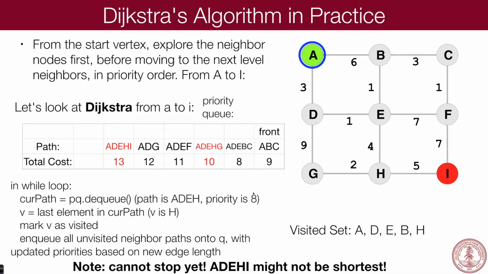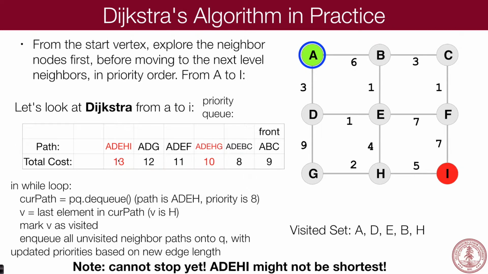Now, interestingly, ADEH does get to I next, but it may not be the minimum path yet. So we can't just say, let's stop now because we've seen I. So you have to be a little bit careful here. We just enqueue it as normal, ADEHI, and we'll see.